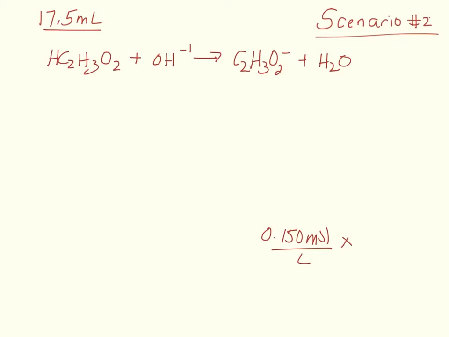It's a 35 milliliter sample, so I'll multiply it by 0.035 liters. That gives me 0.00525 moles of the acid. I will write down that number underneath the formula for the acid.